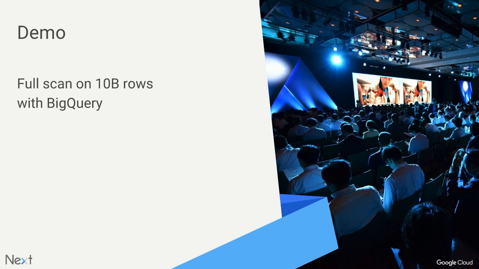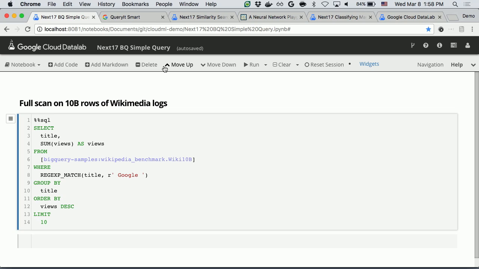So let's take a look at a very simple demonstration of BigQuery by using Cloud Datalab. This is a tool called Cloud Datalab, which is the Google Cloud version of Jupyter Notebooks. These days, many data scientists and data analysts are using Jupyter Notebooks, which is a web browser-based analytics platform.